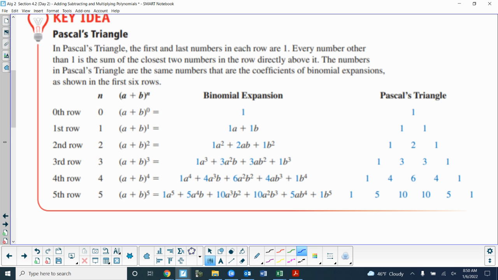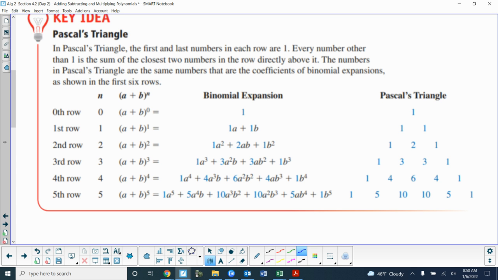So it says in Pascal's triangle, the first and last numbers in each row are 1. So if you look at each row of the triangle, it starts and ends with a 1. Okay? Every number other than 1 is the sum of the closest two numbers in the row directly above it.